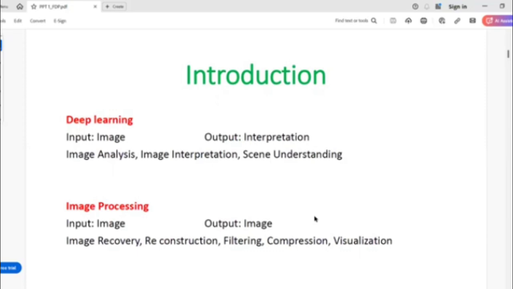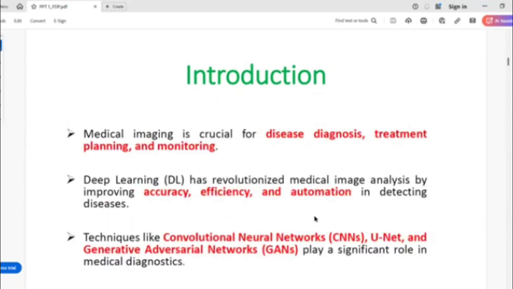There are multiple things: image recovery, reconstruction, filtering, compression, visualization. For all these things, you'll go for image processing. Once you have all of these, then you need to go for analysis, which is the last step. For doing this analysis, we'll be using some set of deep learning techniques.